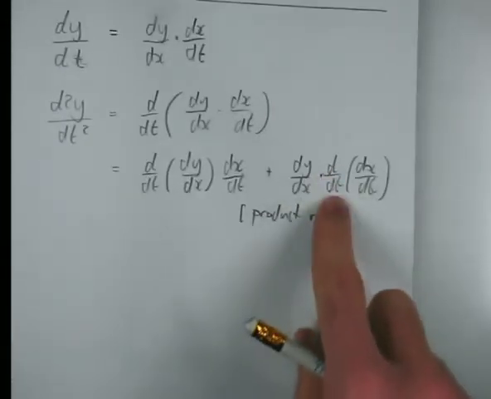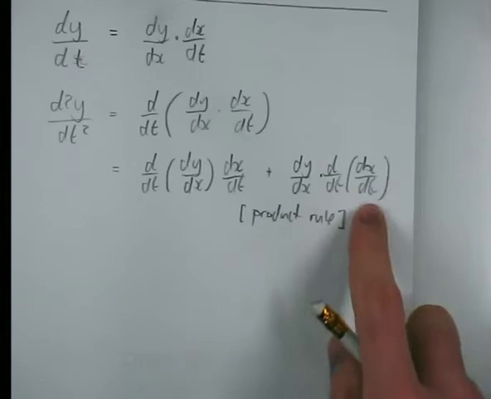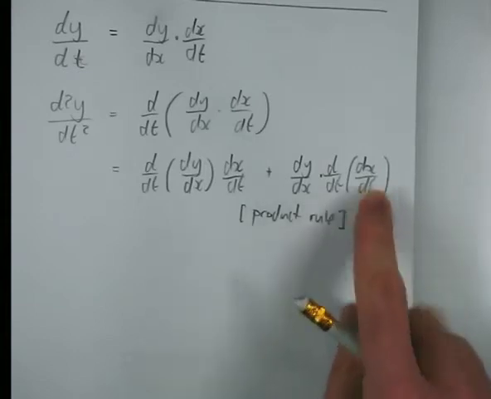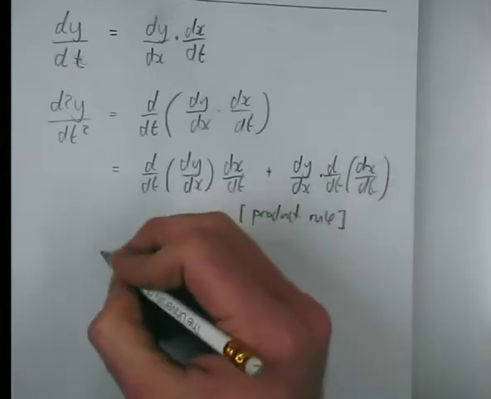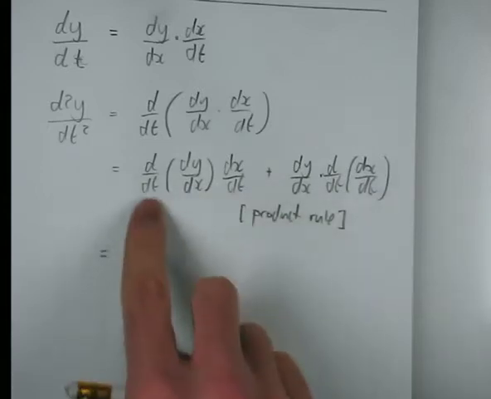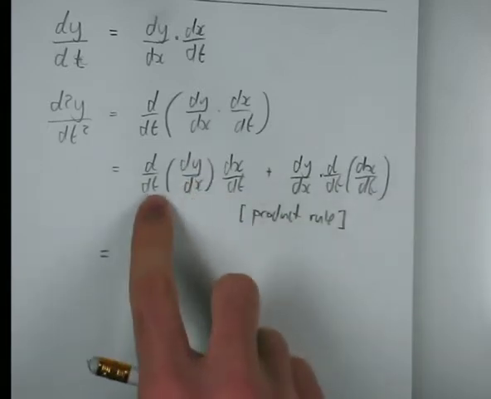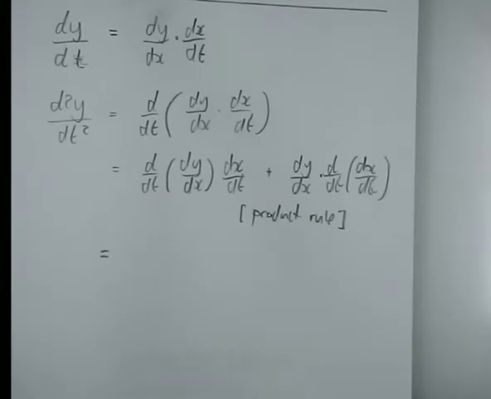Okay, so d on dt of dx on dt would be d squared x on dt squared, because that's the derivative of the derivative, so that bit's good. And this bit here, d on dt of dy on dx. Alright, I could use the chain rule for that as well.